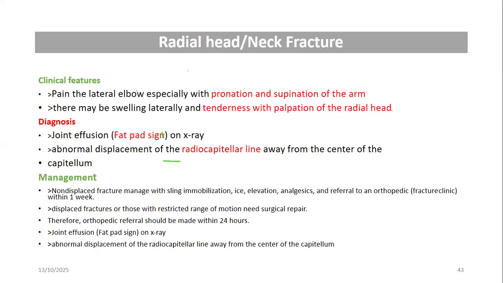There can be swelling. On the X-ray, look at the radiocapitellar line; we have discussed abnormal deflection on it. If there is a non-displaced fracture, we will manage conservatively. If there is a displaced fracture, we will refer to the orthopedic fracture clinic.